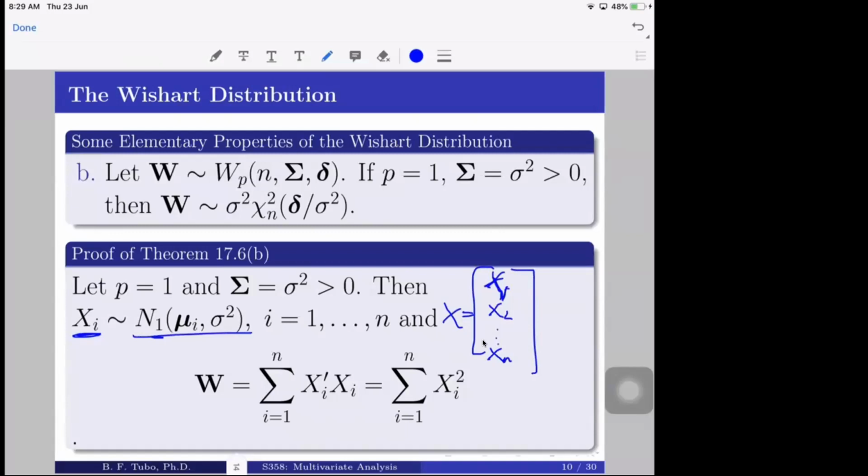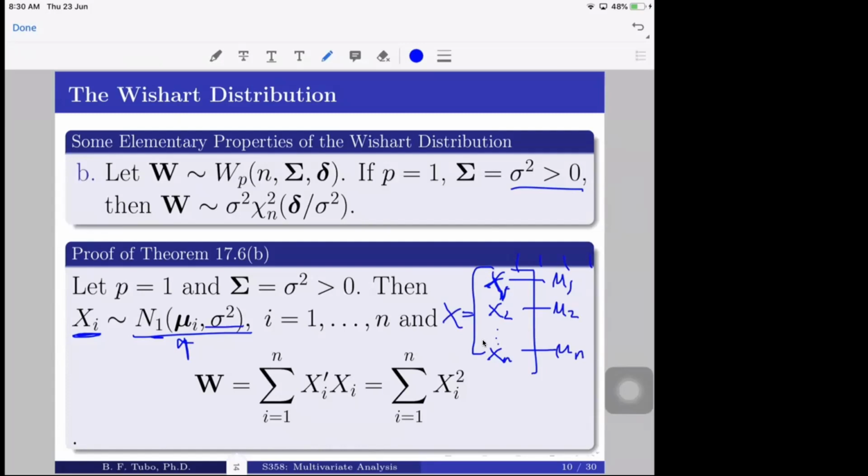This is still normally distributed with individual mu i, so mu1, mu2, to mun as its mean vector. And you have sigma squared, which is just a constant, so there is no covariance among the columns, just its variability with itself. So sigma squared I from 1 to n.